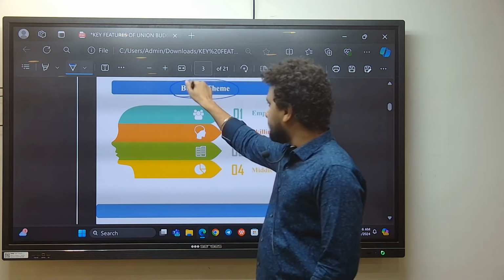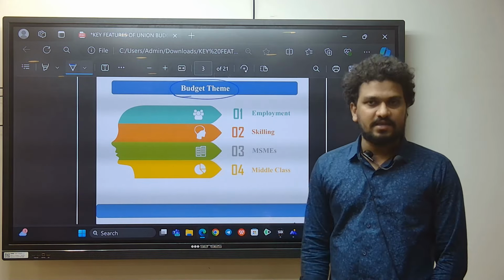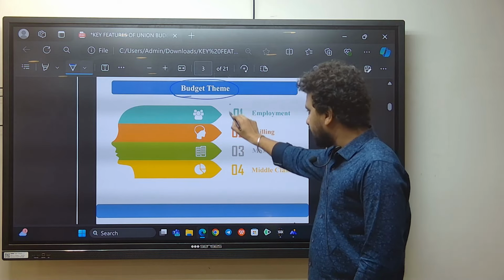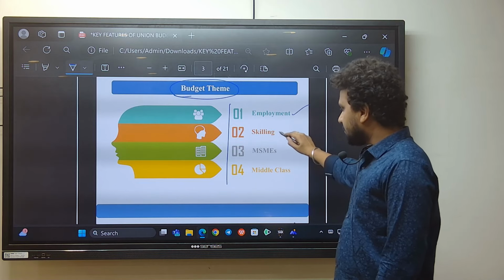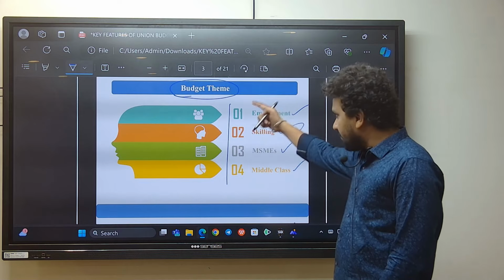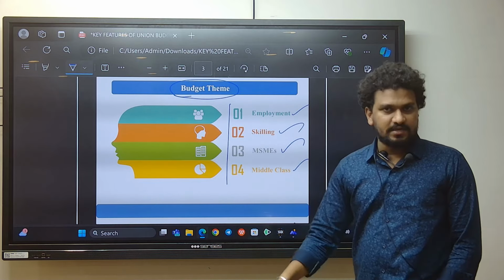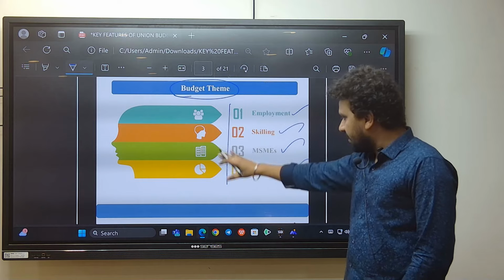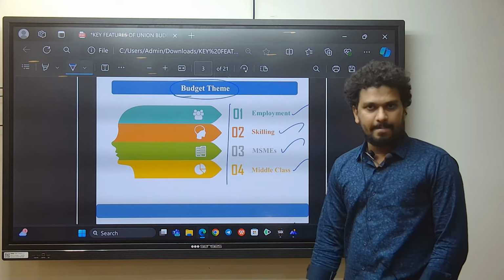The major budget theme for this current financial year has been focusing on these four aspects: employment, skilling, MSMEs, and the middle class. If you observe the major themes of this budget, they talk about only these four dimensions.